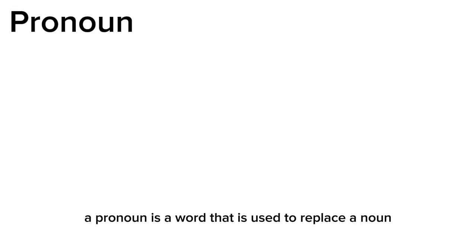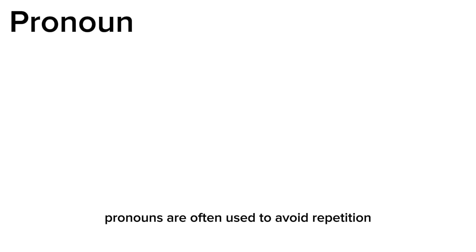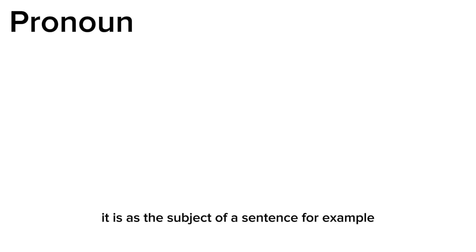A pronoun is a word that is used to replace a noun in a sentence. Pronouns are often used to avoid repetition and to make sentences flow more smoothly. Here are some examples of pronouns. It is used as the subject of a sentence.